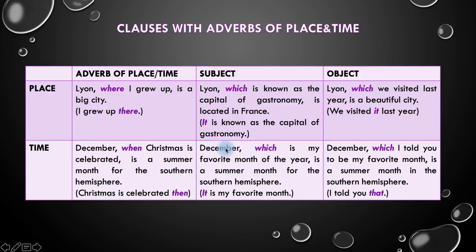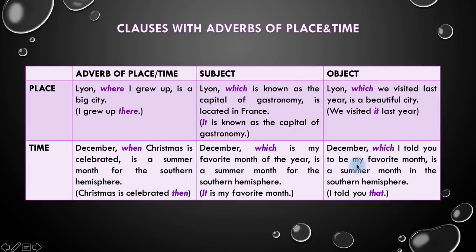Be careful with the meaning of the sentence, because if we speak about December as my favorite month, we must use which. December, which is my favorite month of the year, is a summer month for the southern hemisphere. Or, if which is an object, the sentence can look like this.